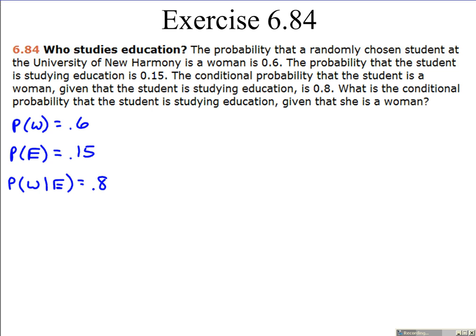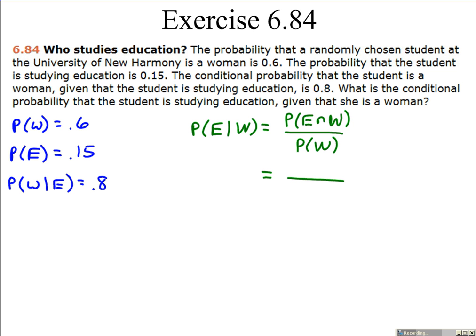And we are asked to find what's the probability that they are an education major given that they are a woman. So we know from our formula that's the probability that they're in education and a woman over the probability that they are a woman.